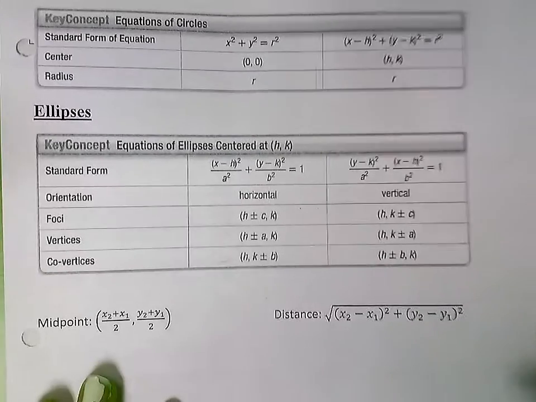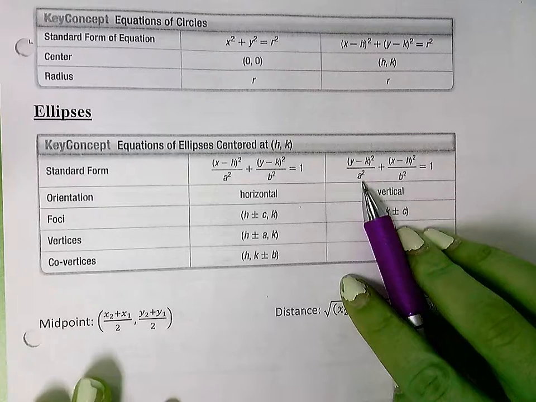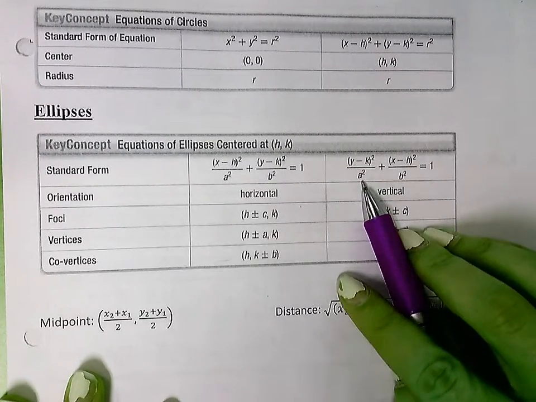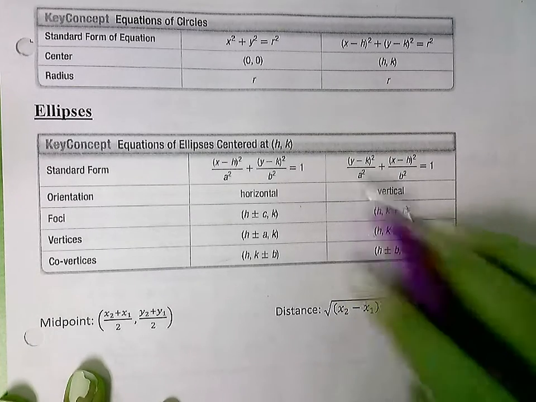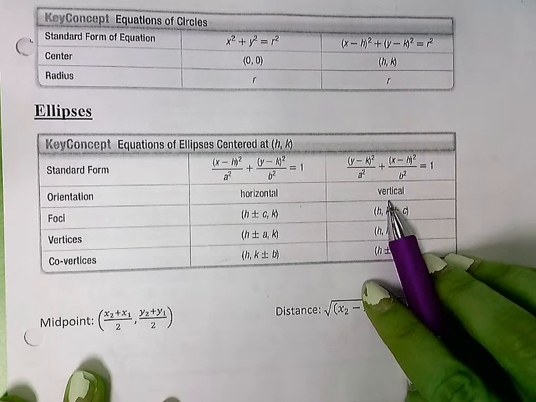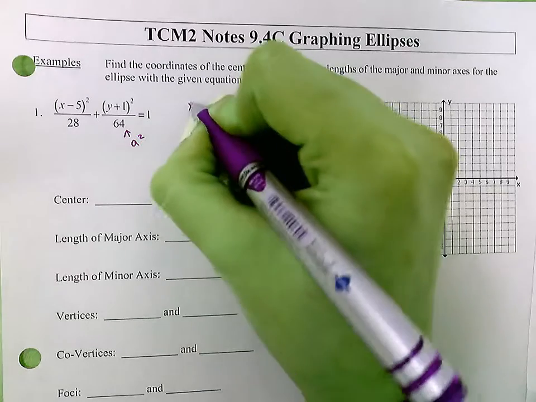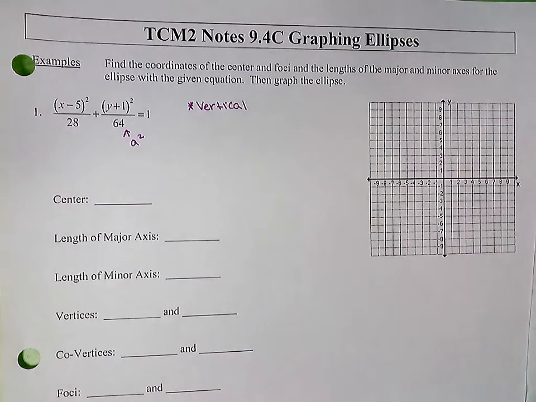Now if I look at this chart here, where on your previous note sheets, if I have my a squared value underneath my y, it's a vertical ellipse. So this one will be vertical. I want to first identify that so I know how to find my vertices and my co-vertices.